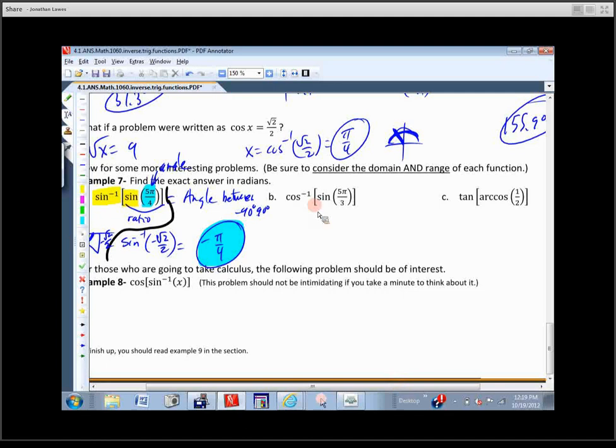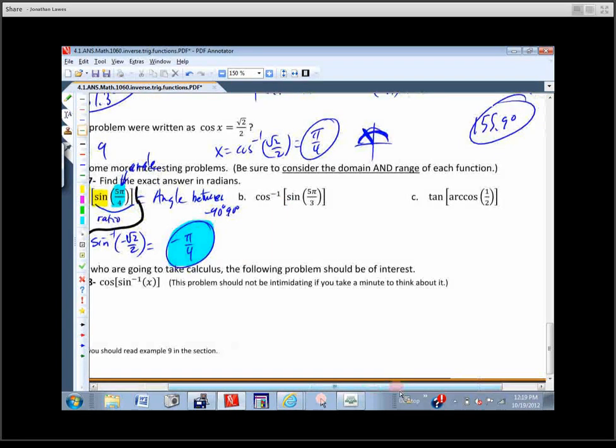Okay, let's take a look at this one. Start on the inside. Let's figure this out. 5 pi thirds is here. We want the sine ratio for that. That's going to be negative radical 3 over 2.